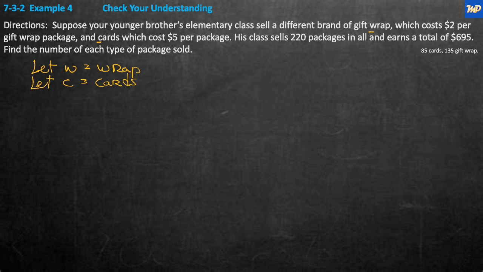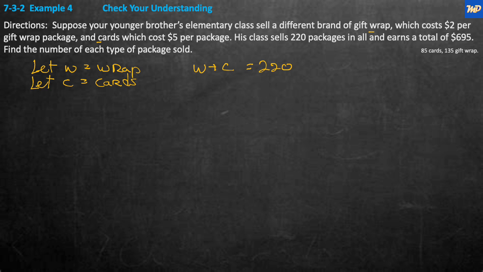Okay, we have that. Now we have to come up with our equations. So let's define the number of wrap packages plus card packages as equal to 220. I'm going to say W plus C, the number of gift wrapping packages plus the number of card packages, is equal to 220 packages in total.